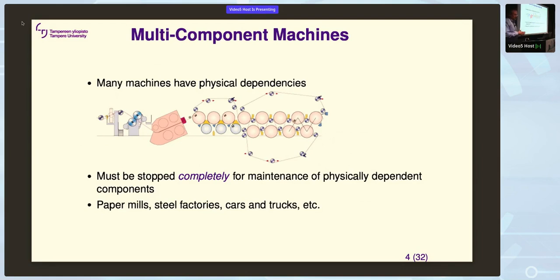In multi-component machines, there are many dependencies between components, and it is typically the case that when you want to maintain one component, you actually have to stop the whole machine and maintain perhaps relatively many parts of a machine.